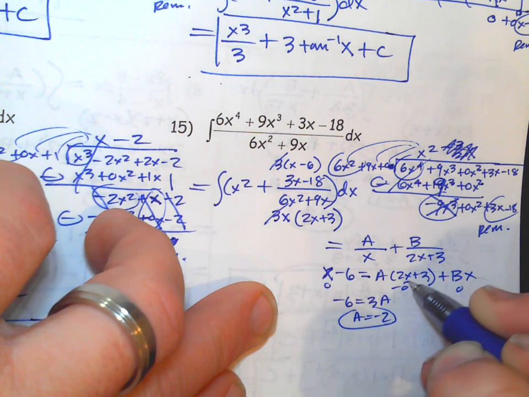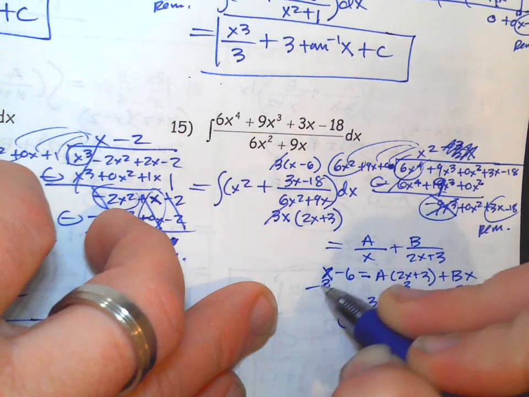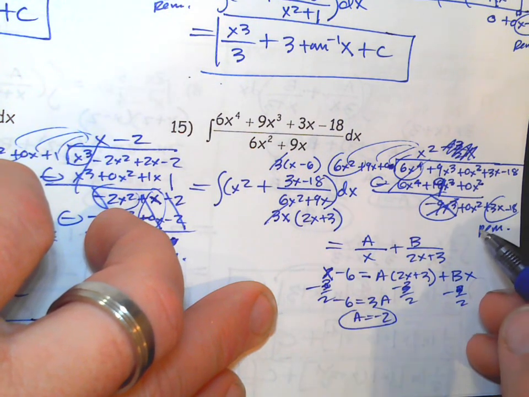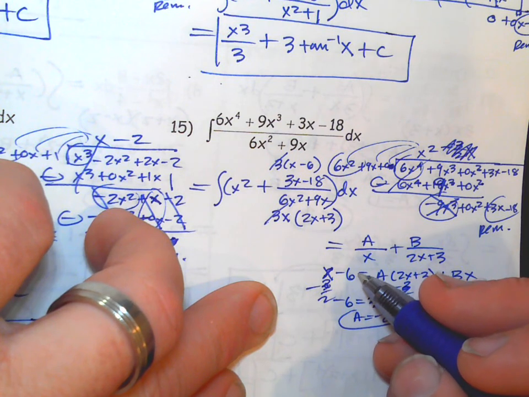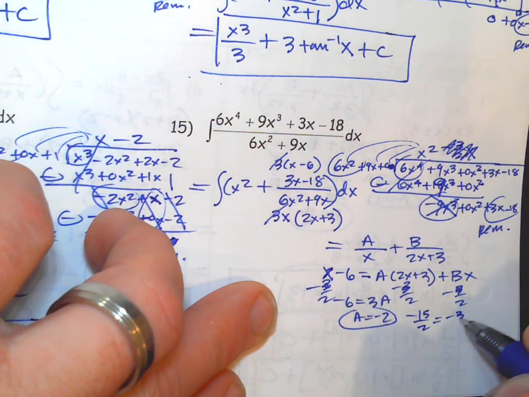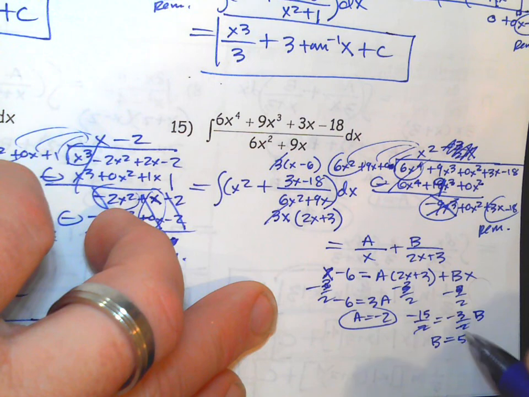Plug in negative 3 halves. And that goes away. So this is going to be minus 12 as negative 15 halves equals negative 3 halves b, so b equals 5.